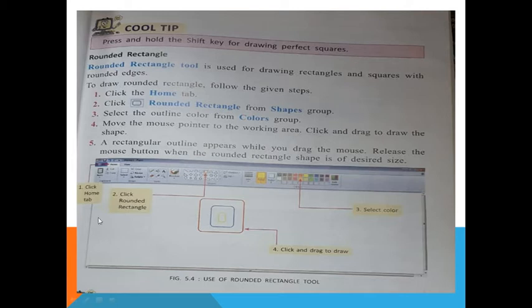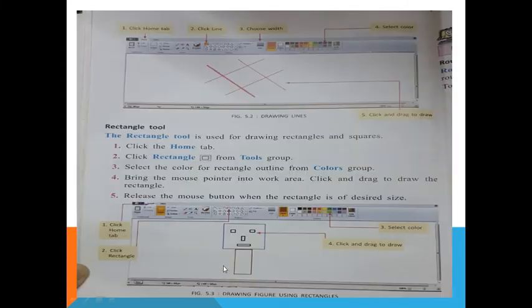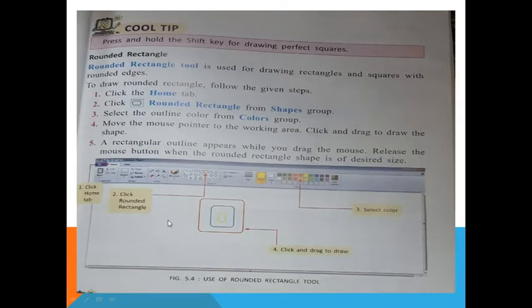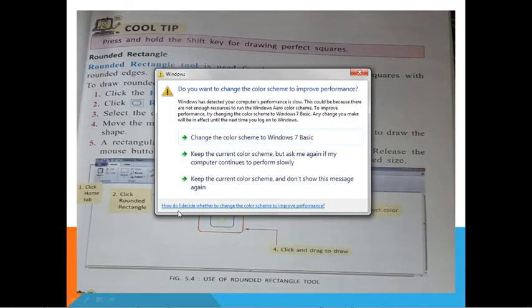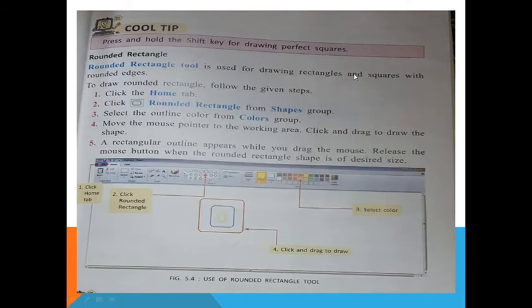Okay, see the rounded rectangle. Before, the corners were sharp, and now it is smooth, rounded. See here, the corners are rounded, so the process is the same. The rounded rectangle tool is used for drawing rectangles and squares with rounded edges.